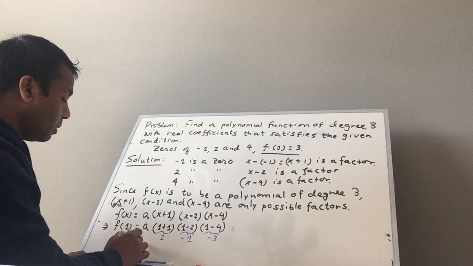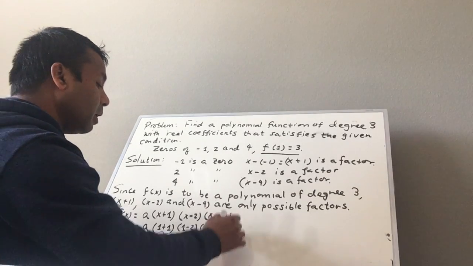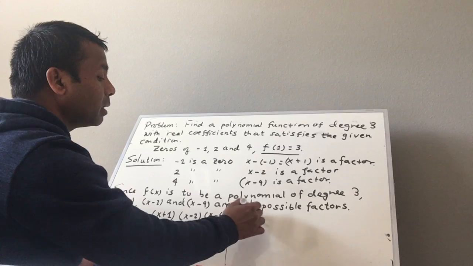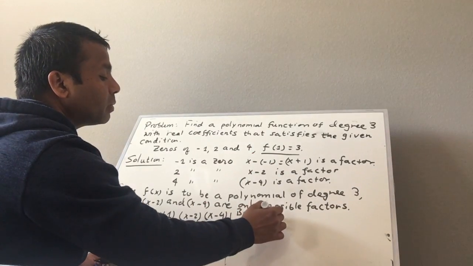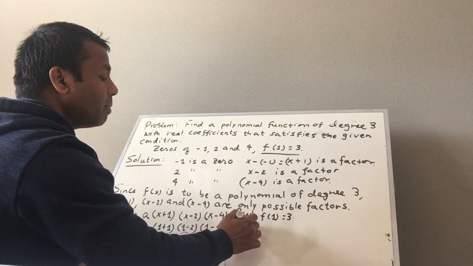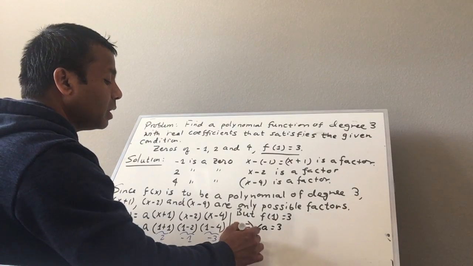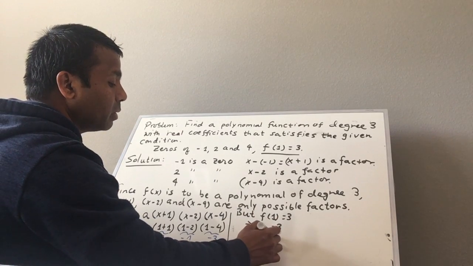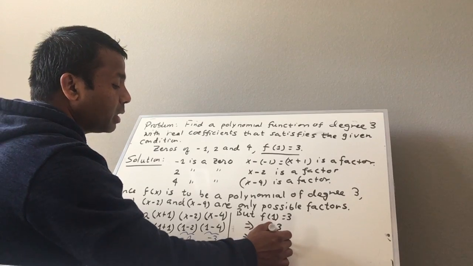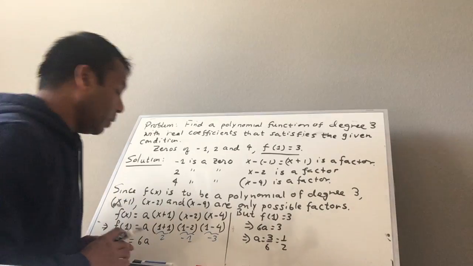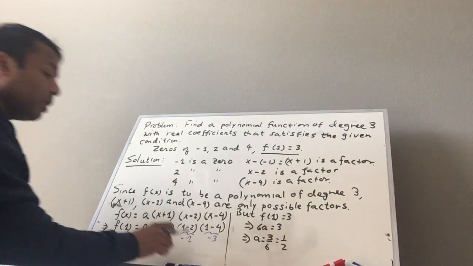But what is given there? f of 1 equals 3. So that means 6a equals 3. So this will give you a equals 3/6, which is 1/2. Okay. So now what will be the polynomial?